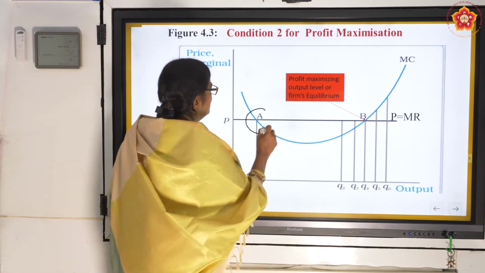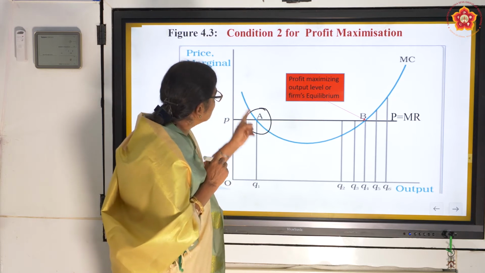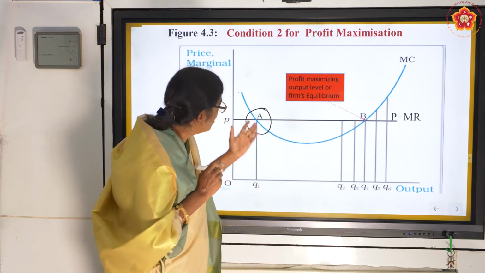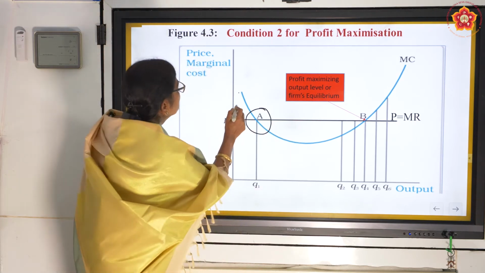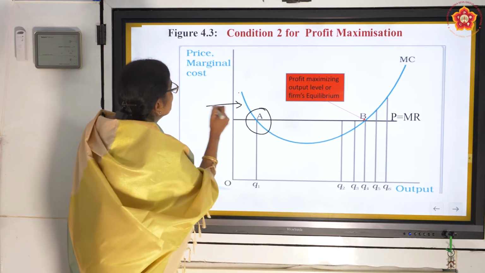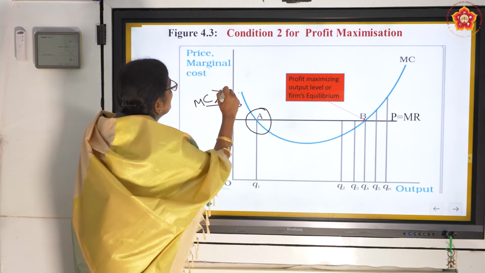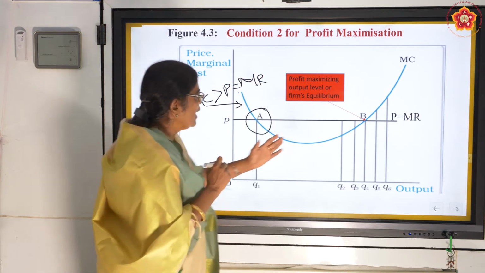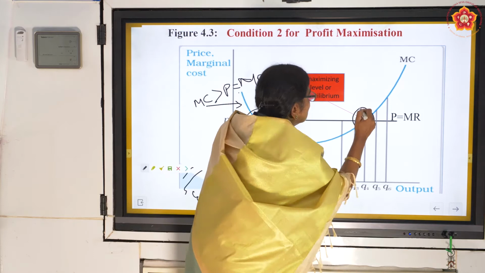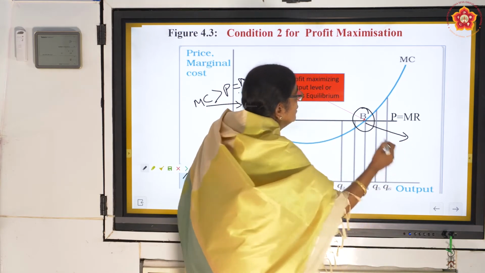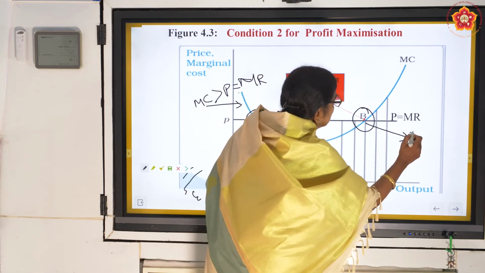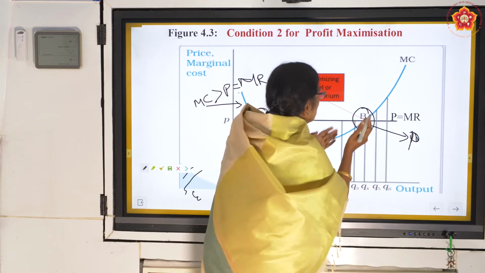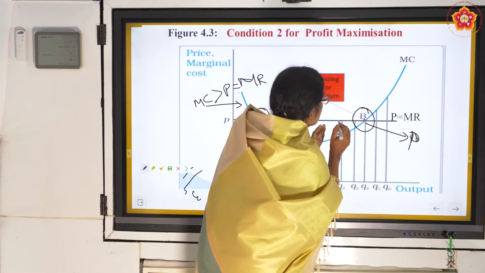You can see here at this point MC intersects the price line from above. That means in this area, MC is greater than the price line or MR line. Here also MC intersects, but at this point it intersects from below.